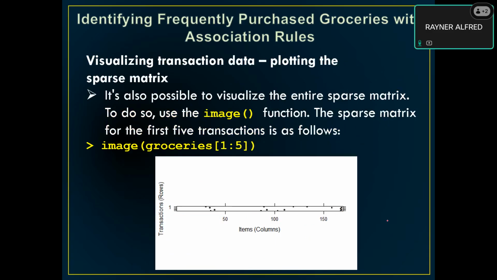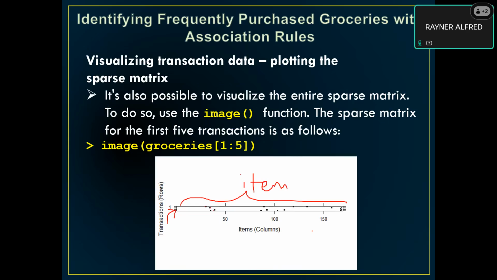This one, we are looking at the image for grocery rows 1 up to 5. The dots here refer to the items that we have, and this is actually the transaction.